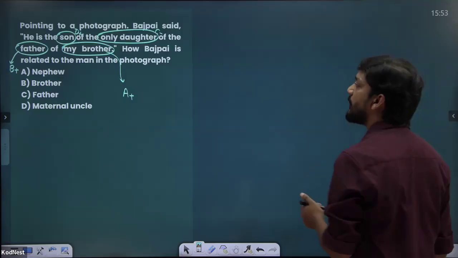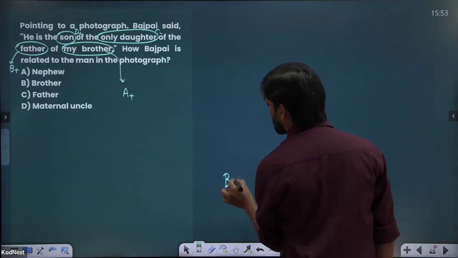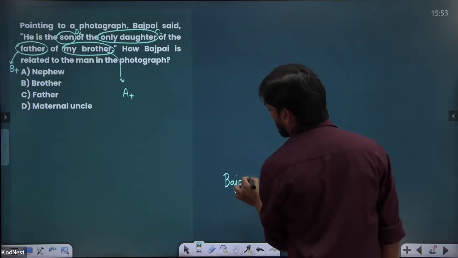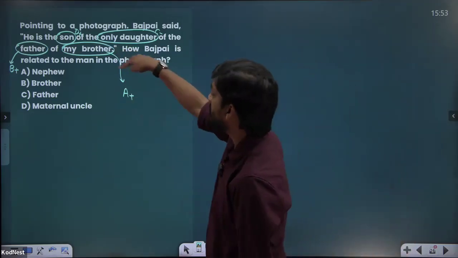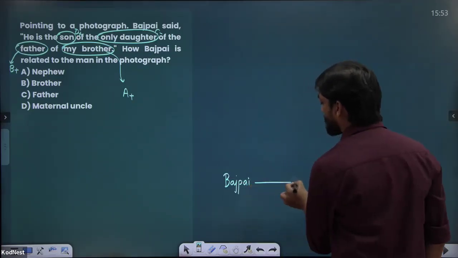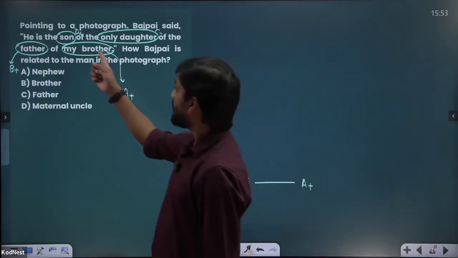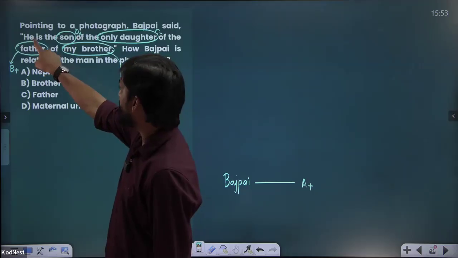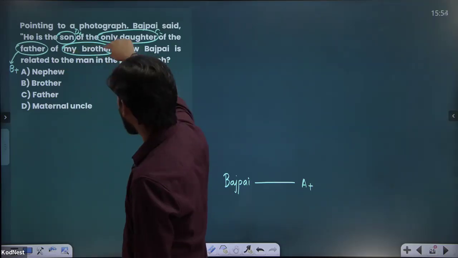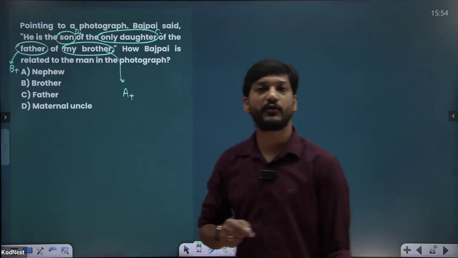So let's start with my brother. My means Bajpayee. My brother is A plus. Now we have to go back and draw the father of this. My brother means A plus, so father of A plus I have to draw.